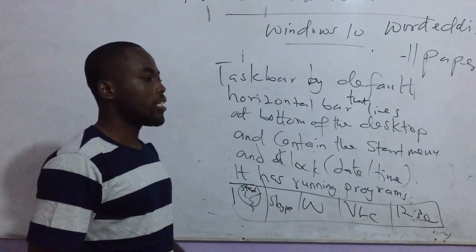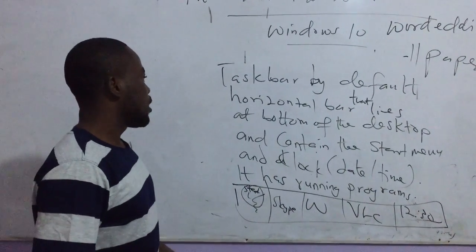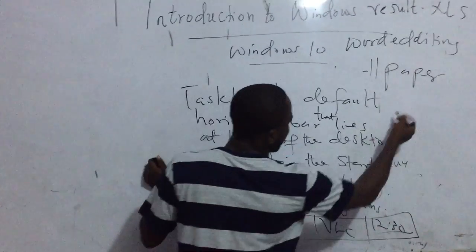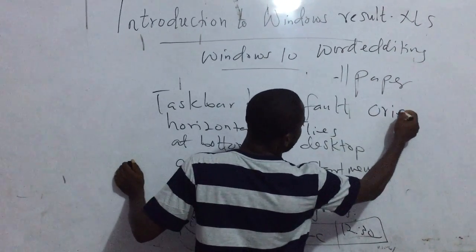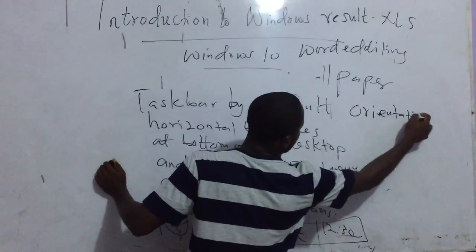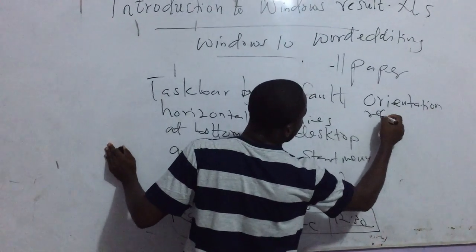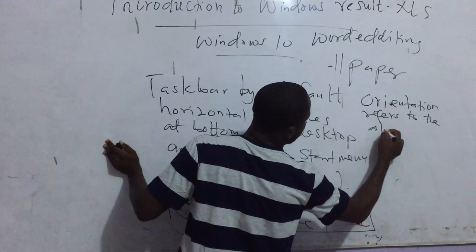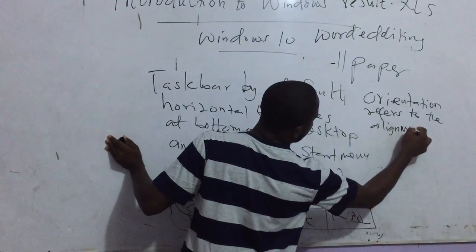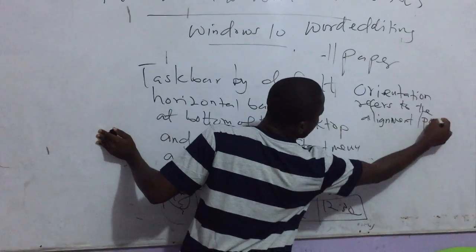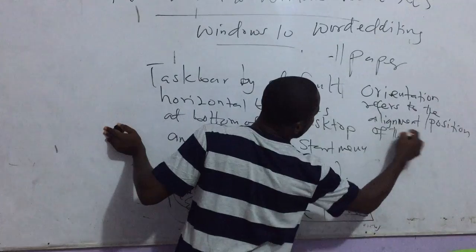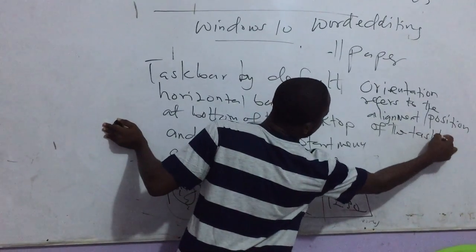And we call this the orientation. The orientation refers to what? The alignment of the taskbar. Orientation refers to the position or the alignment of the taskbar.